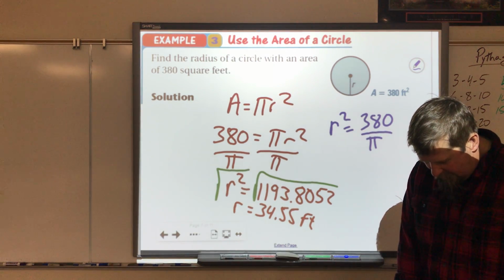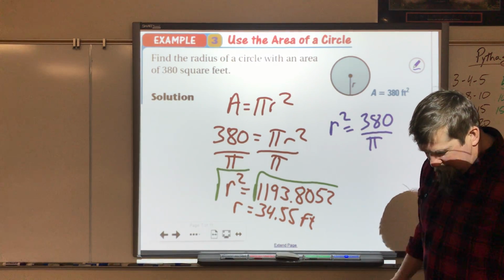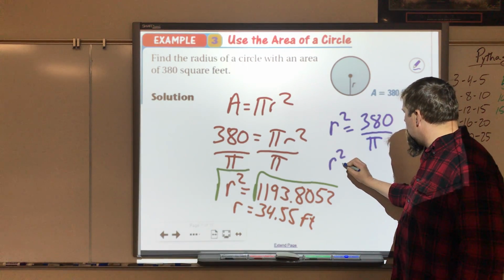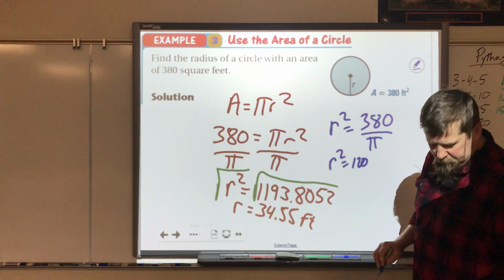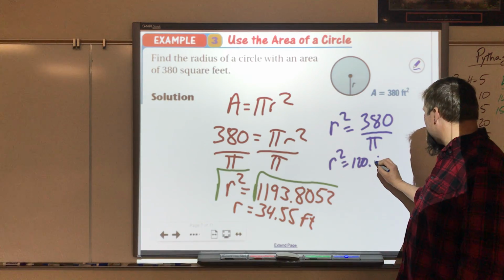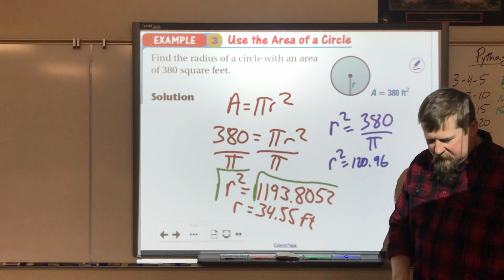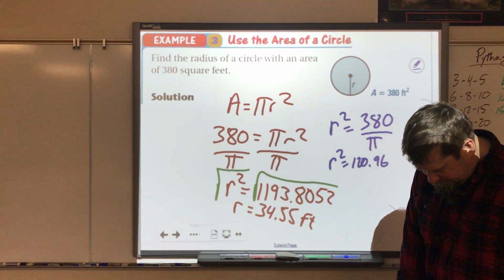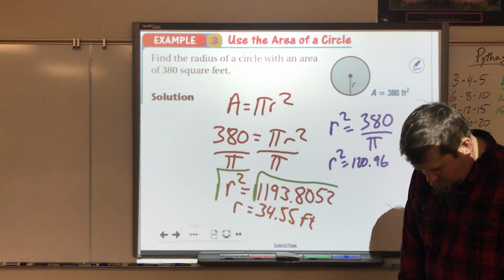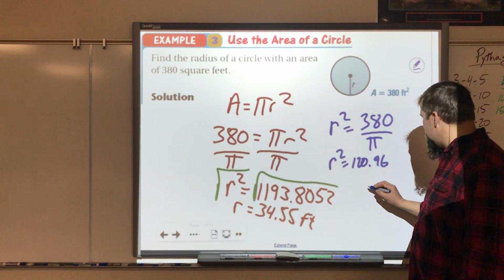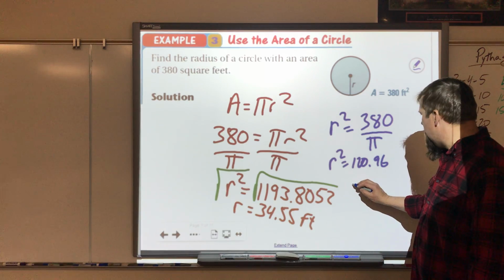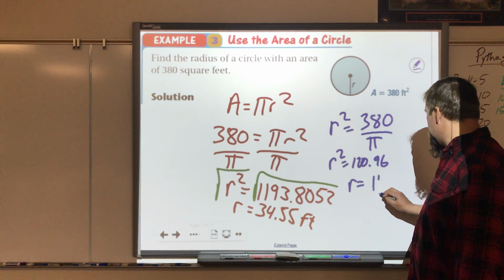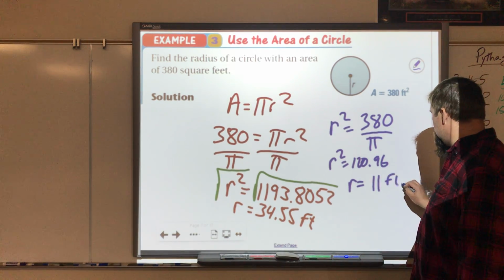380 divided by pi is 120.96. Now I take the square root of that, and it's 10.99, so approximately 11 feet.